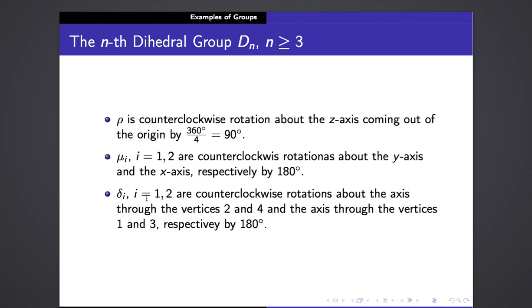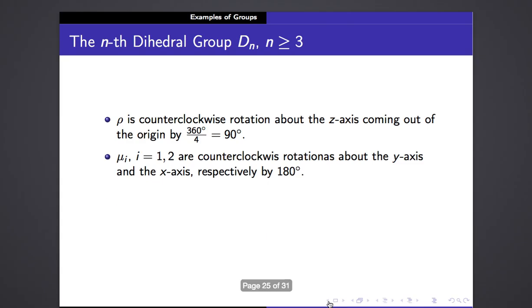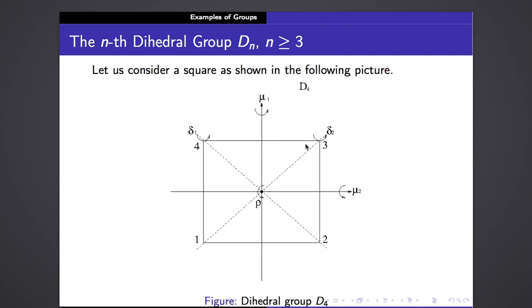Delta i for i equals 1 and 2 are counterclockwise rotations about the axis through vertices 2 and 4 and the axis through vertices 1 and 3 respectively by 180 degrees. If I go back, the axis through vertices 1 and 3 is delta 2, and the axis going through vertices 2 and 4 is delta 1.